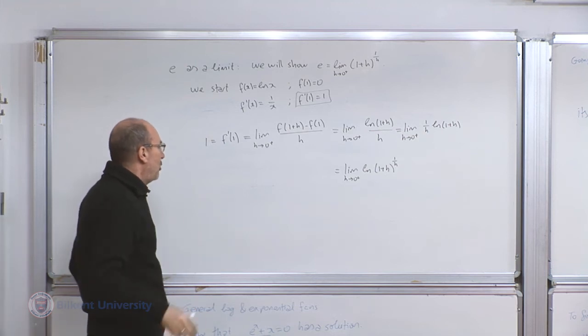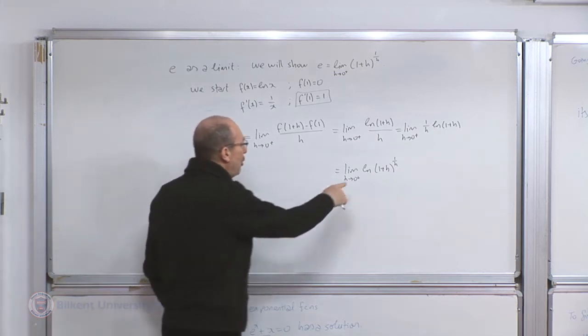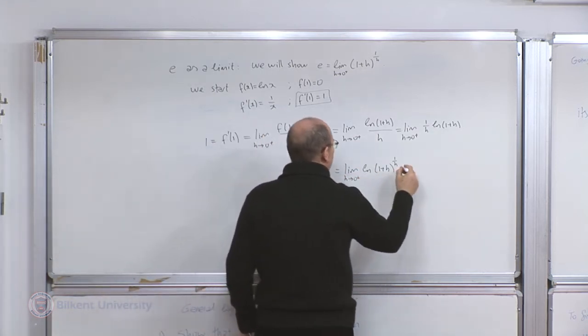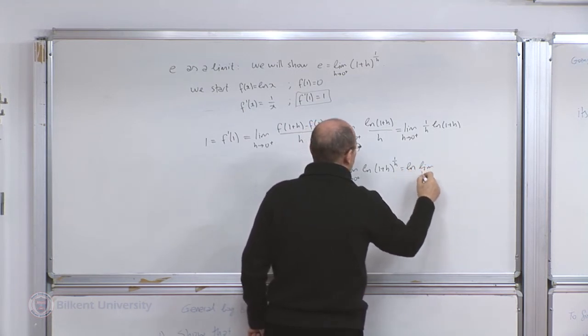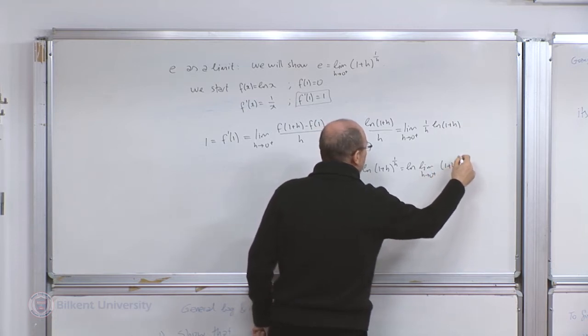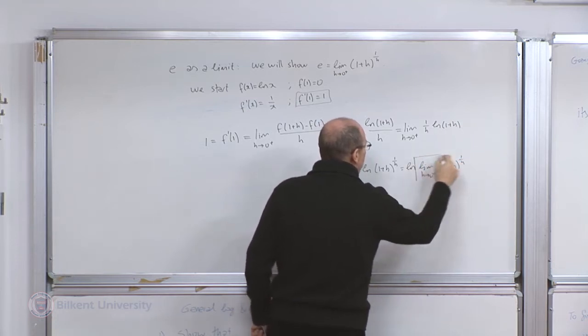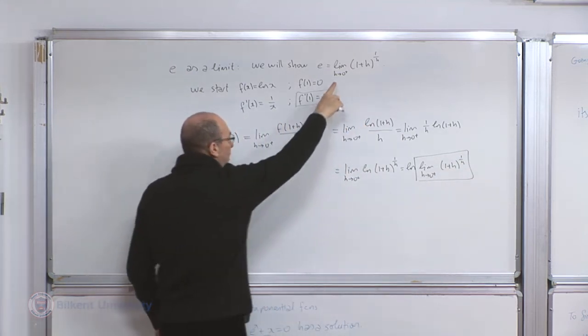Now that you caught this, you can play with it like a cat playing with a mouse. So logarithm is continuous, so it comes out: ln of the limit as h goes to 0 of (1 plus h) to the 1 over h. You see this is precisely what we want to calculate on this side.